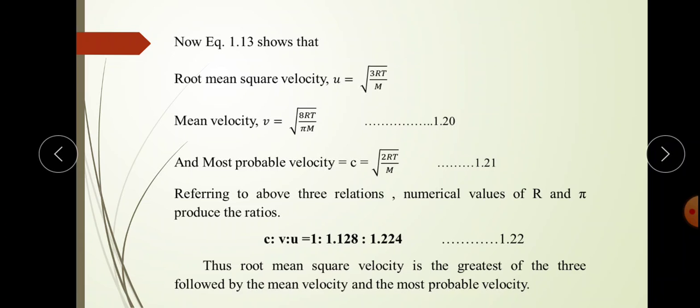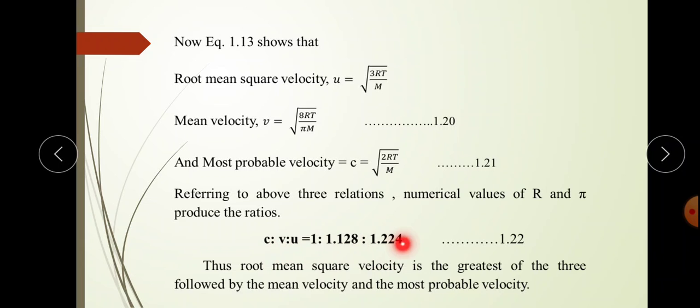Referring to the above three relations, by considering all three equations and putting in the values of R and pi, the most probable velocity, mean velocity and root mean square velocity are in the ratio 1 is to 1.128 is to 1.224.